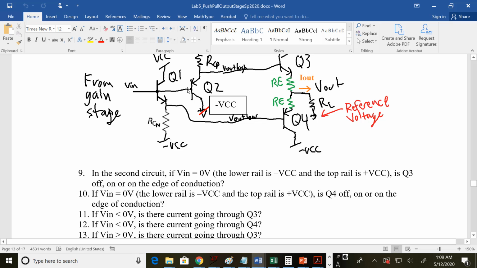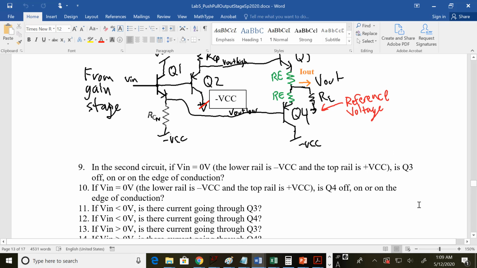Now if Vin is 0, both of these are conducting slightly, and pretty much you can think of it as the current through Q3 is going through Q4, so there's still no current out the output, so you can still think of that as 0. If Vin is less than 0, just a little bit, then this right here is going to be a little bit less than negative VBE on, because this shifted down by VBE on, and your Q4 is going to turn on, but your Q3 is going to turn off.